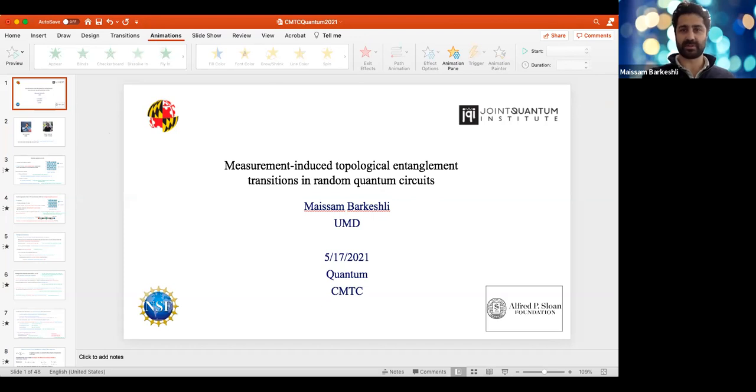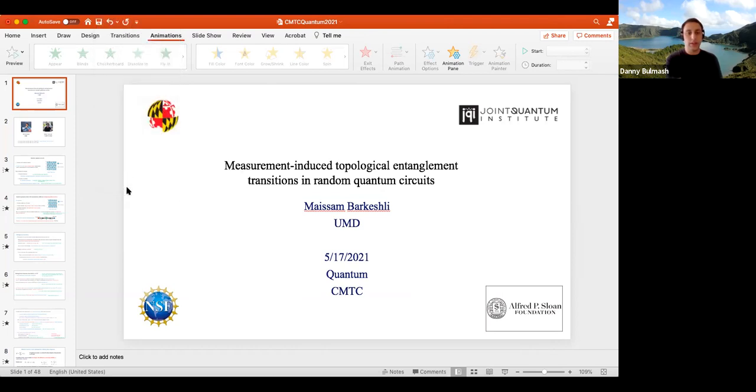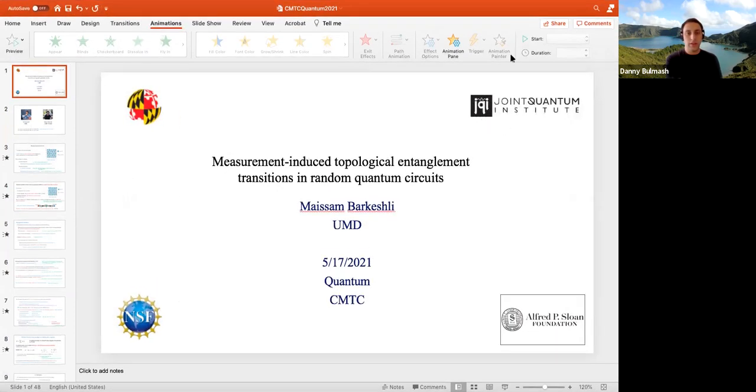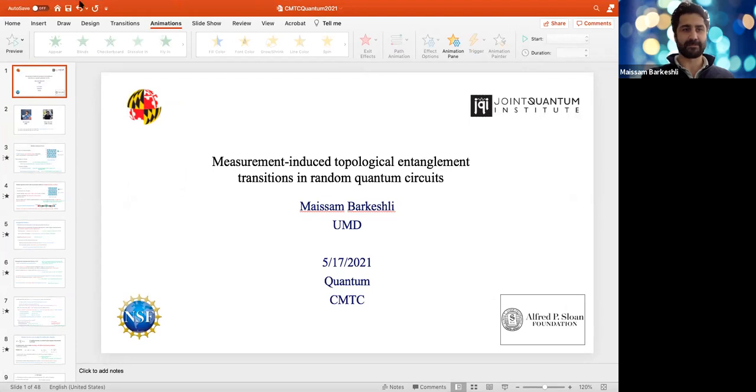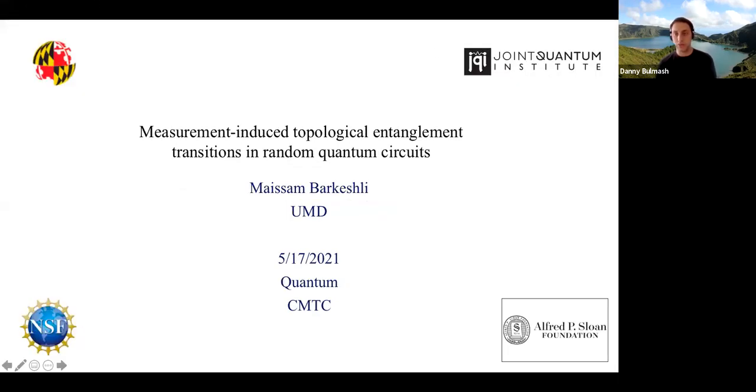So can you see that? You can see that. You said you can see it? Yeah, I can see it, but it doesn't look like presentation mode at the moment. There we go. That looks great.